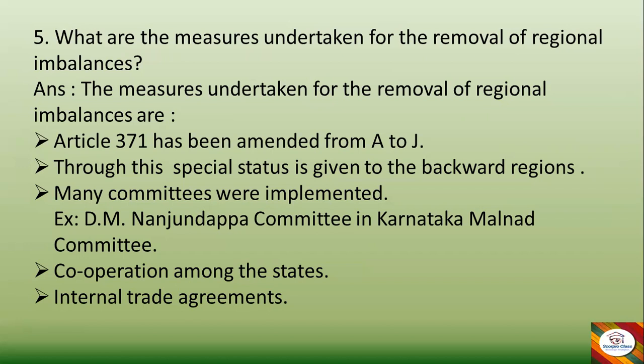Many committees were implemented, for example, D.M. Nanjundappa Committee in Karnataka, Malnad Committee. Cooperation among the states. Internal trade agreements. So these were taken for the sake of removal of regional imbalances.